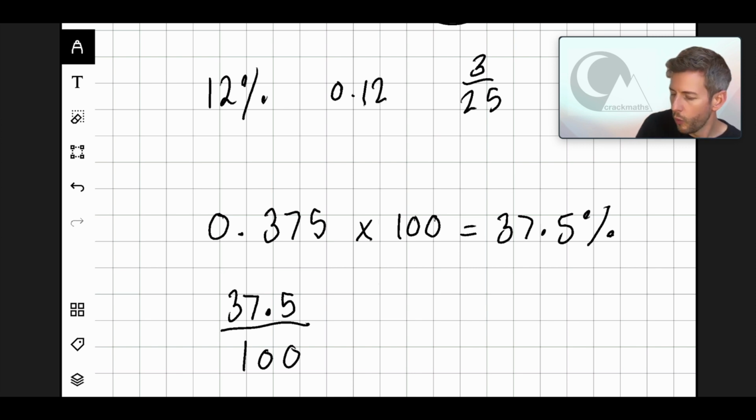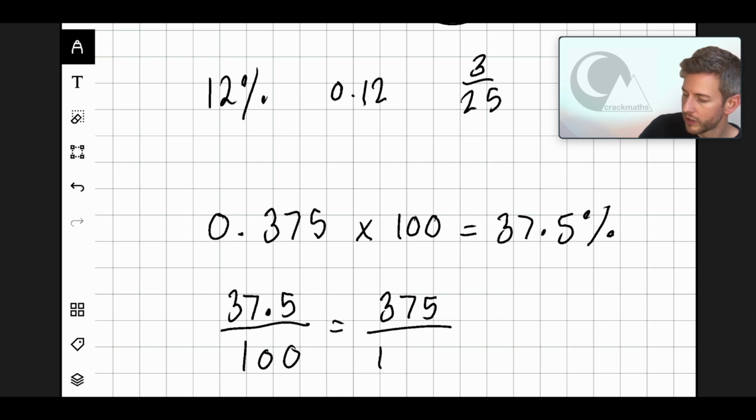So here, what I'm going to do is I'm going to times both the top and the bottom of this by 10 again. So this equals 375 over 1000. Now we have the job of trying to simplify this.